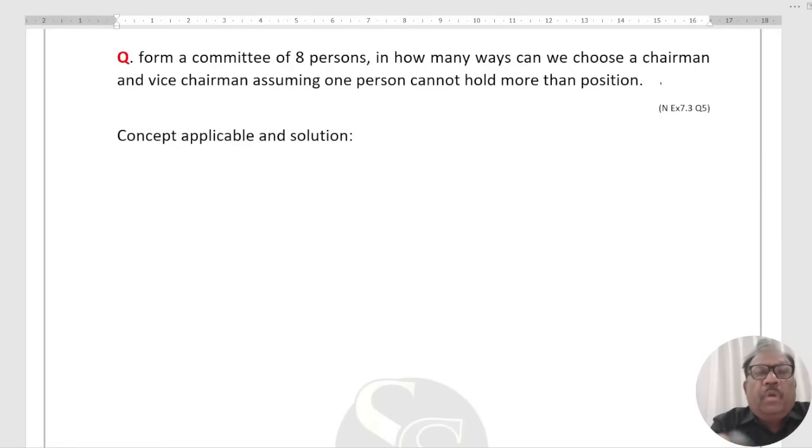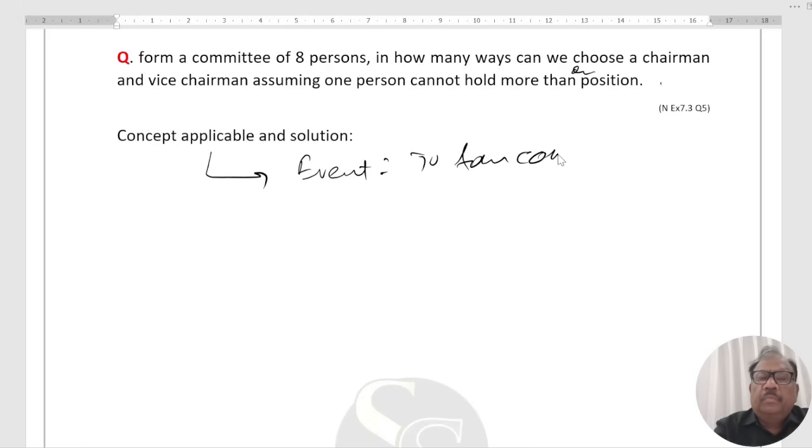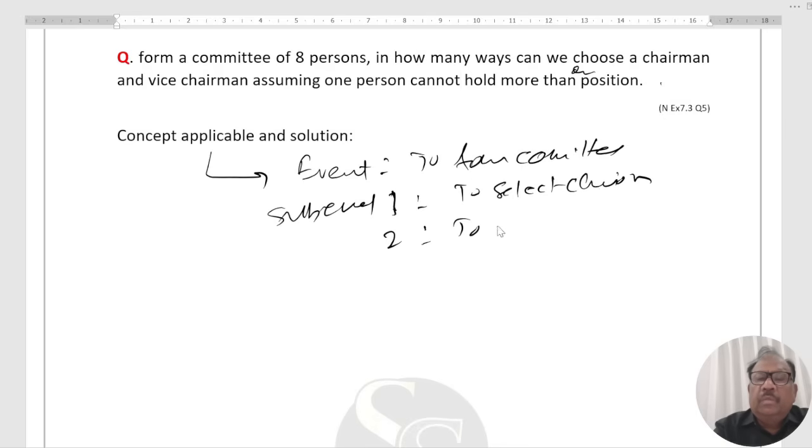Question is, form a committee of 8 persons. In how many ways can we choose a chairman and vice chairman, assuming one person cannot hold more than one position? Here the event is to form a committee. Sub event 1 है, sub event 2 है: to select chairman, to select vice chairman.